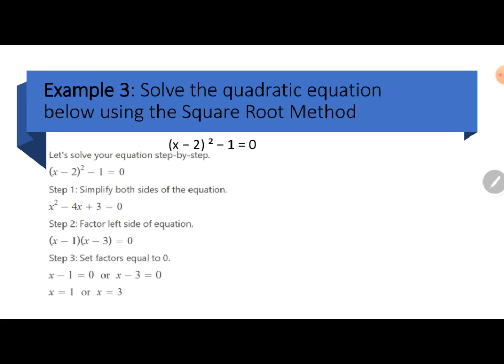Next, here is the other process in solving. As you can see in example 3, we're going to solve also using the square root method. In our equation, you have the quantity x minus 2, squared, minus 1.